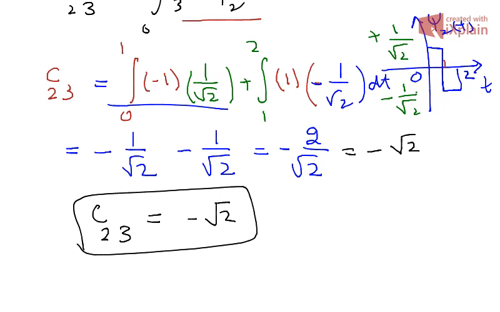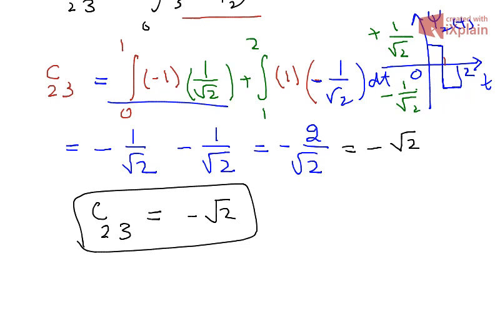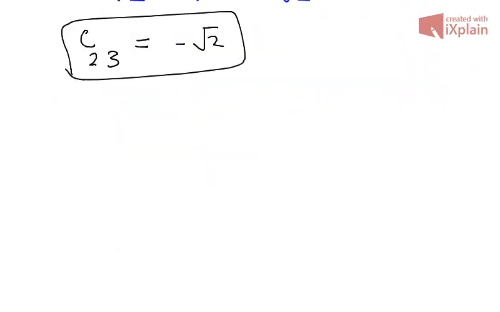So these are our images, C23. Now we can find D3. To find D3, we have to subtract all the projections.